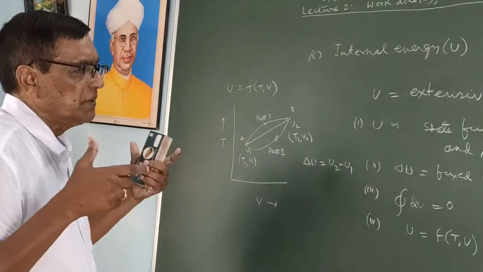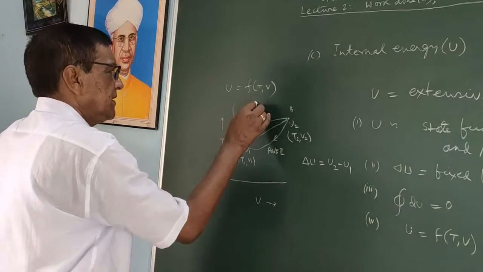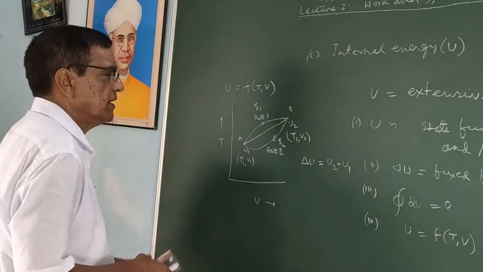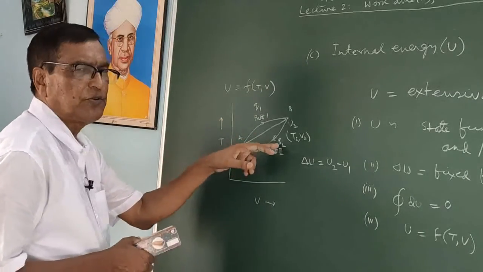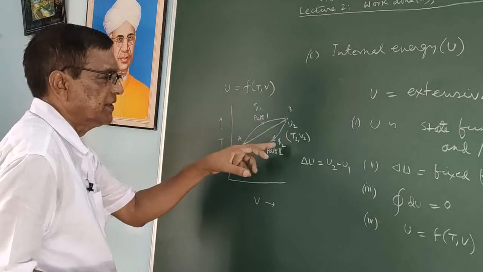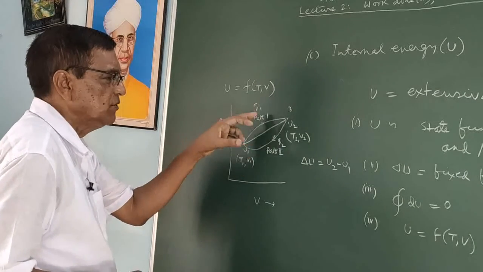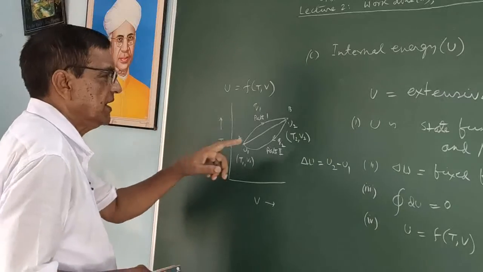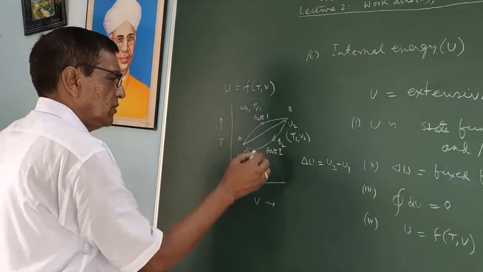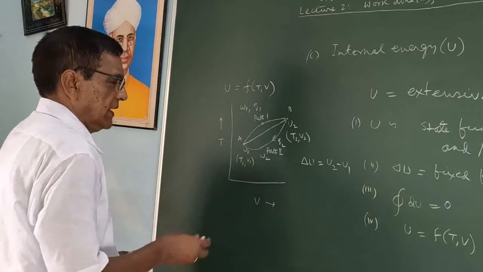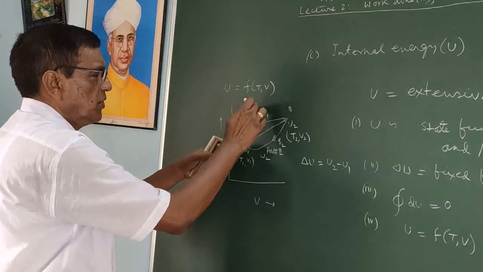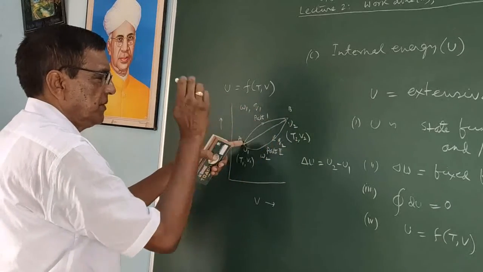It is to be remembered that for these paths, Q1 will be different from Q2, as Q is a path function. Similarly, W1 and W2 for these two states are also not the same.